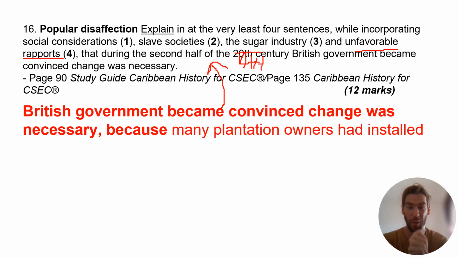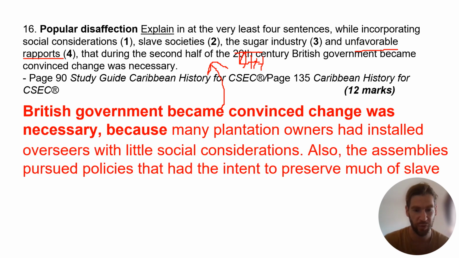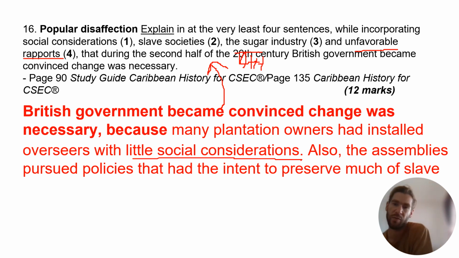British government became convinced change was necessary because many plantation owners had installed overseers with little social consideration. A lot of the times the plantation owners left for Europe and left overseers behind that weren't very kind, that were often racist, and treated the workers on the plantations badly.